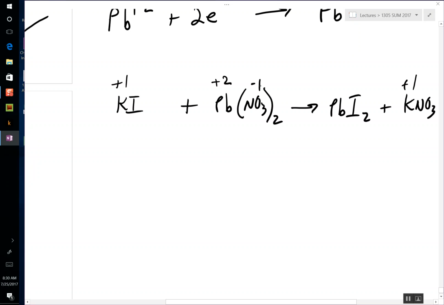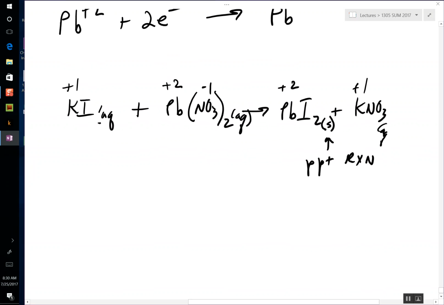If I move this 2 right up there, that's a +2 iron. Well, it stays a +2 iron. And the critical thing that identifies this as a precipitation reaction is that everything else will say aqueous. All right, so that's a precipitation reaction.